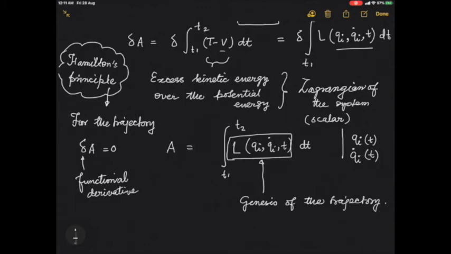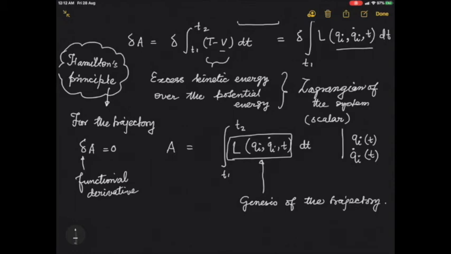I integrate the Lagrangian over different paths from a fixed point in time t1 where the configuration of the system is absolutely known to a fixed point in time called t2 where the configuration of the system is absolutely known. For the right trajectory, delta A will be 0. For the right trajectory, A will be stationary.